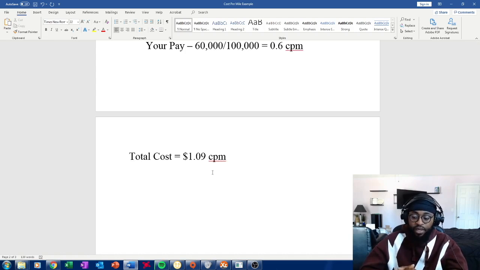Now, your cost per mile is going to vary. It's going to take time for you to learn how much it's actually going to cost you, to iron down the numbers. But once you do figure it out, once you do have it together, at that point you'll know exactly what you need to do.